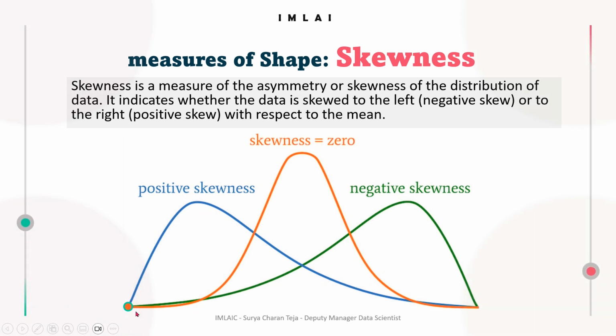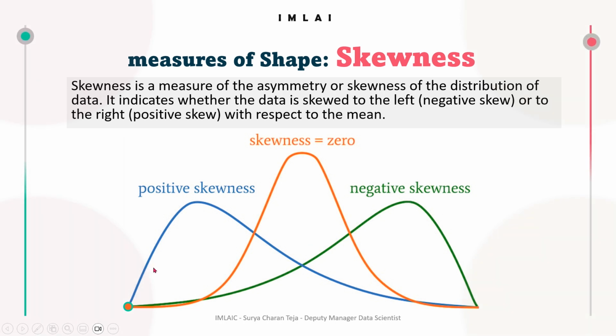On this side, the positive side, you have a huge amount of data, whereas on the negative side you have very little data. That's why the bell curve got distorted on the negative side, and we call it negative skewness.